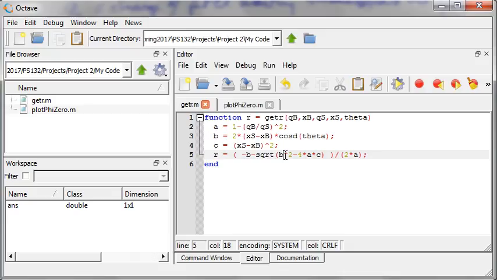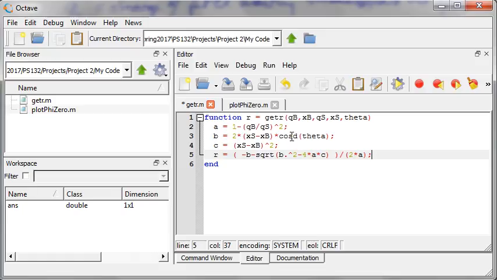B squared. So I'm going to need a dot there, so it does it on an element by element basis. In other words, it's dot to the power of as opposed to just to the power of. And taking the square root of it. I think that's it.